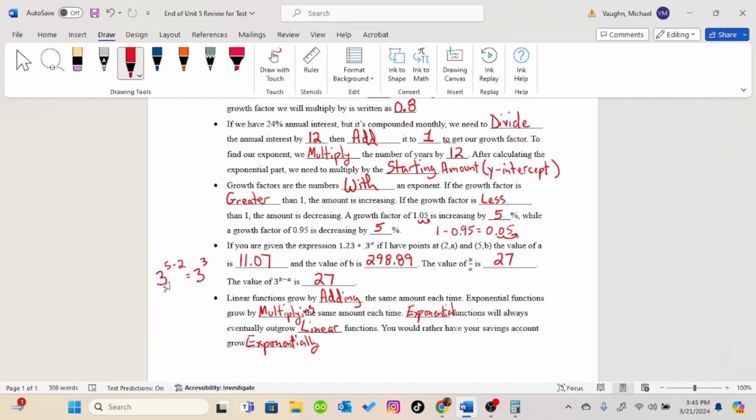Now, these are all the main things you need to understand to do well on the test Monday. If you have any questions about any of this, you can use class time to ask for clarification.